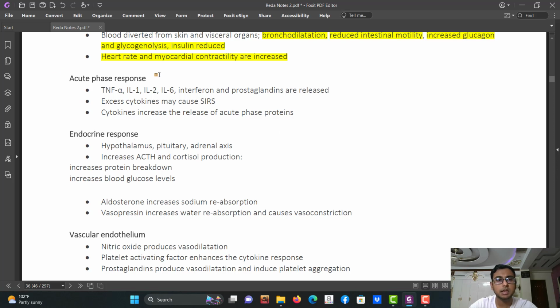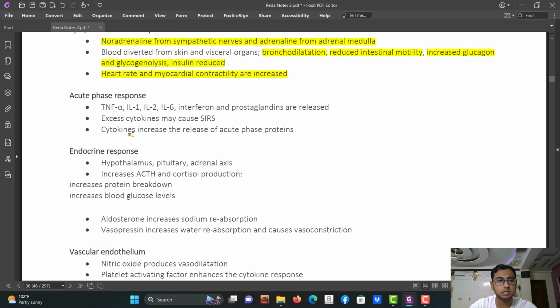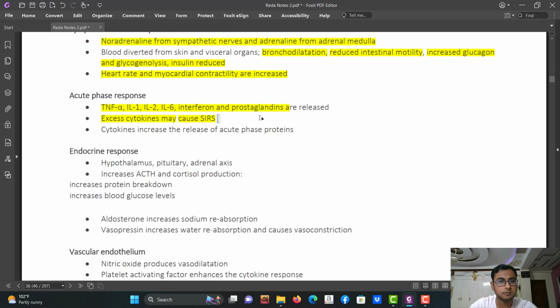So there is also the acute phase response. After inflammation there are some acute phase mediators mainly found in the blood, that is tumor necrosis factor, interleukin 1, 2, 6, interferon and prostaglandin, and excess cytokines may cause SIRS, that is systemic inflammatory response syndrome.